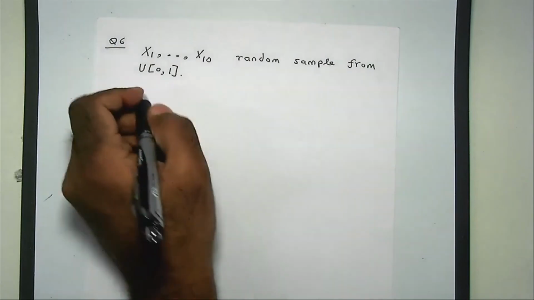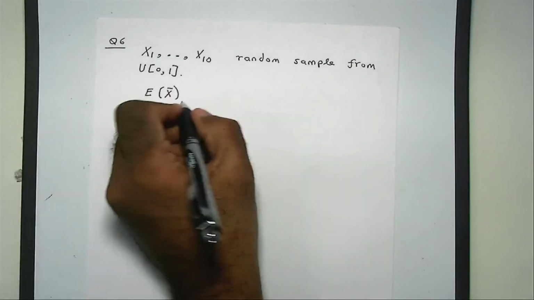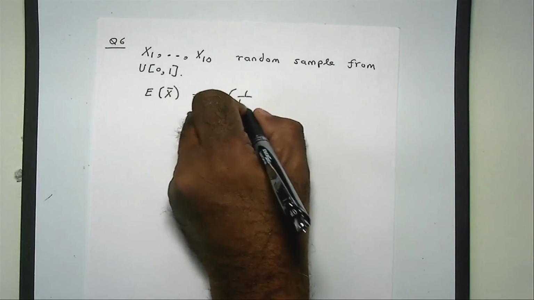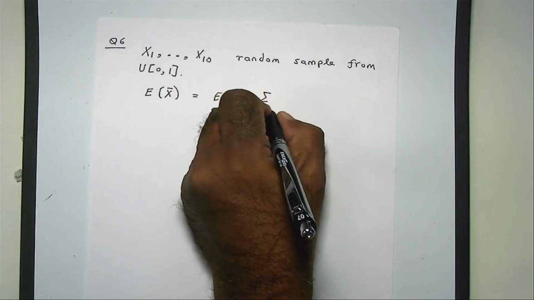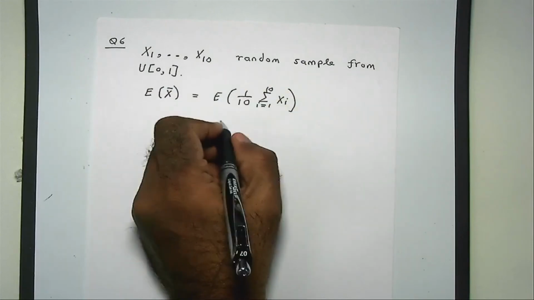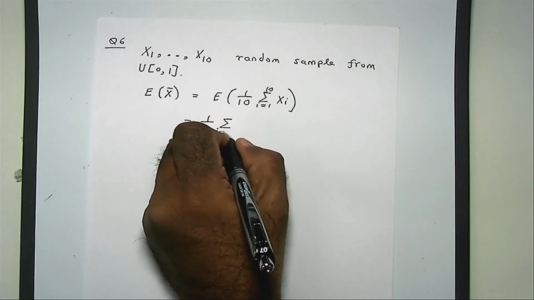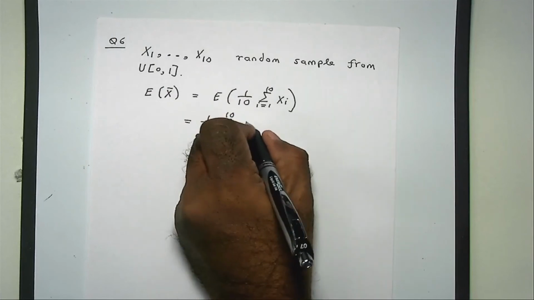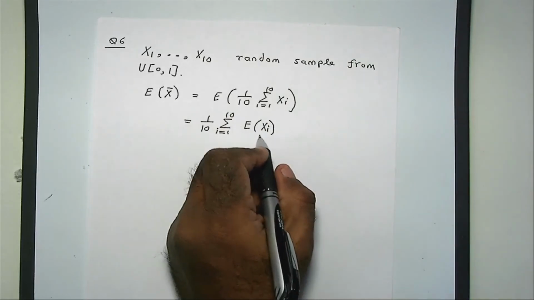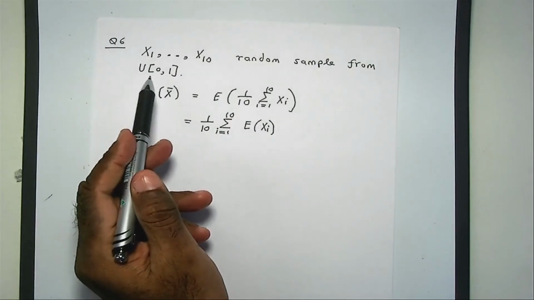Okay, let's start with the mean of X bar, which is the expectation of X bar. You can take the expectation inside. Now to find the expectation of xi, we know that each of these is uniformly distributed from 0 to 1.